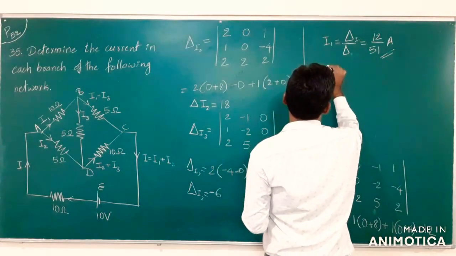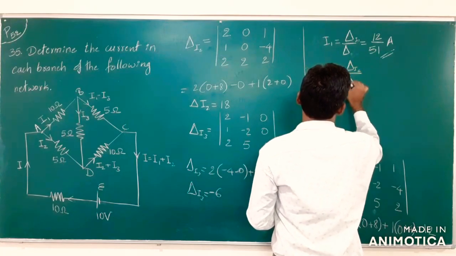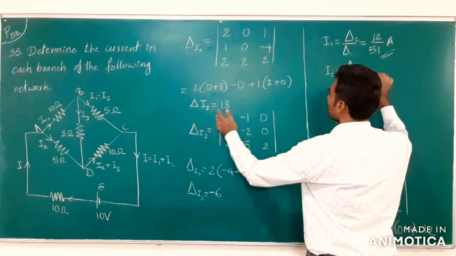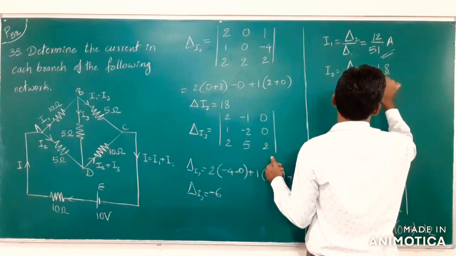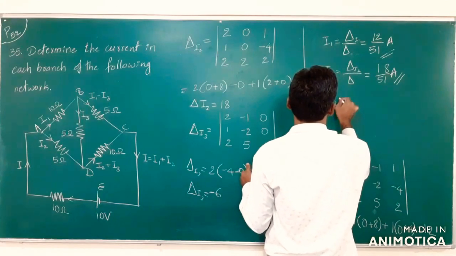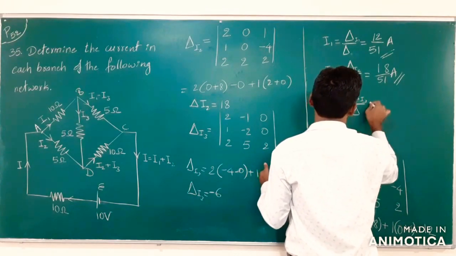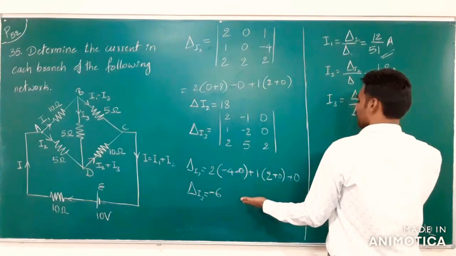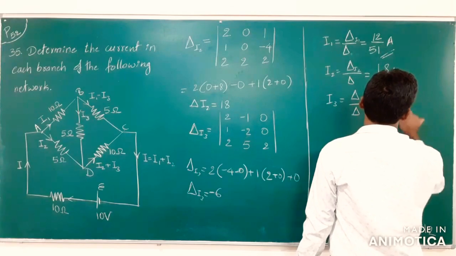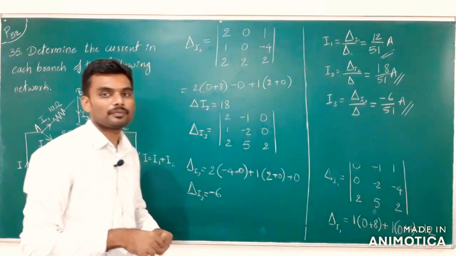And then I2 is delta I2 by delta. What is delta I2? Delta I2 is 18 by 51 ampere. Similarly, I3 is delta I3 by delta. What is delta I3? It is minus 6 by 51 ampere. So these are the values of I1, I2, I3.